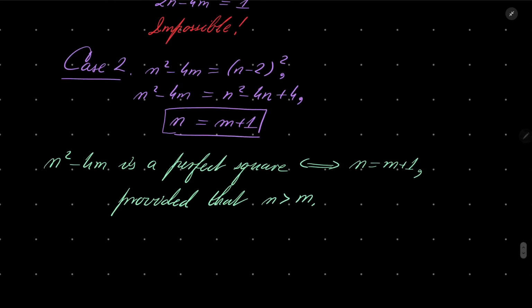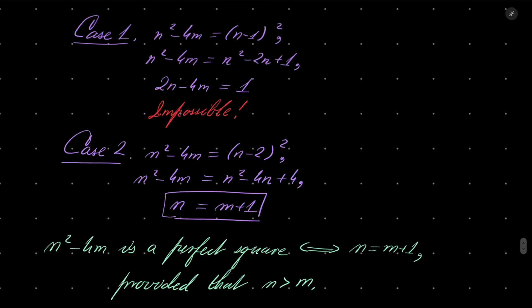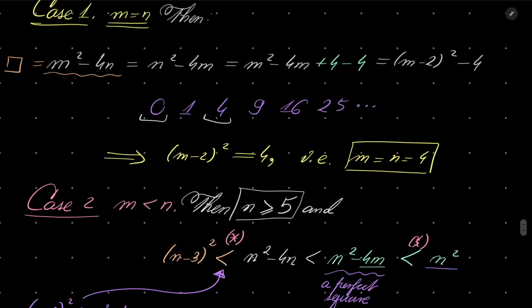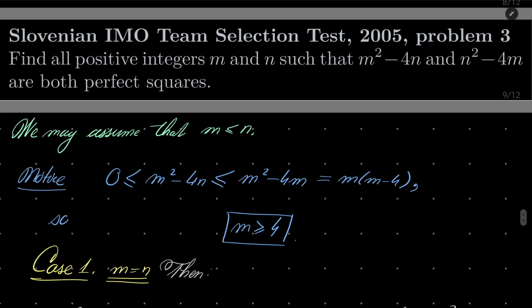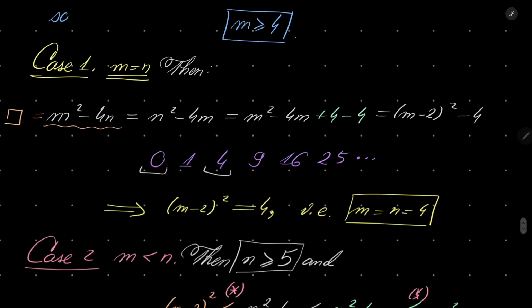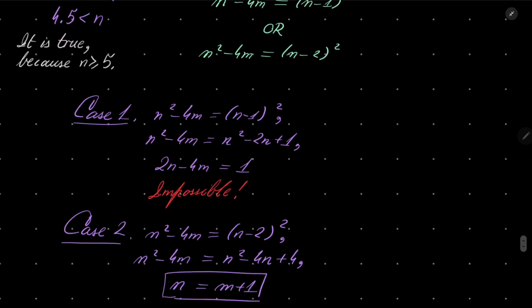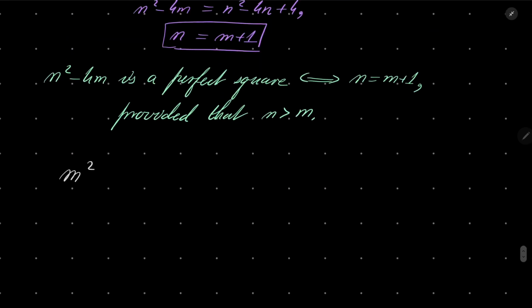Now, let's use our second condition. Not only n squared minus 4m is a perfect square, but also m squared minus 4n should be a perfect square. So let's write m squared minus 4n, and let's expand it: m squared minus 4, and now instead of n, let's put m plus 1.